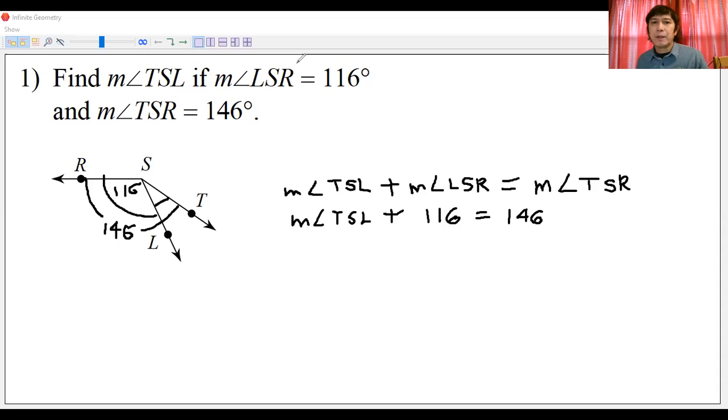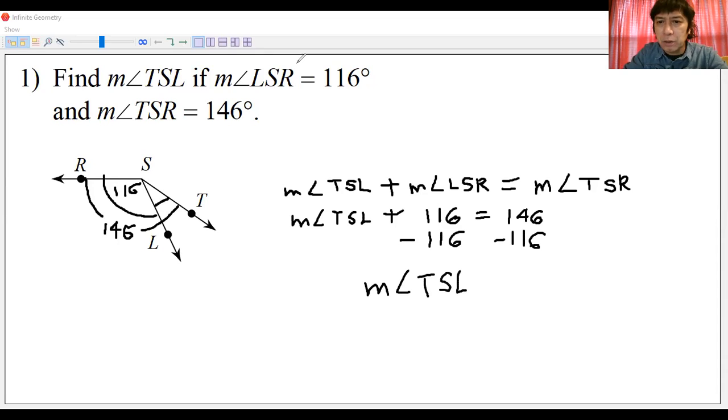There. So solving this equation, this is just by way of subtraction property. So this is minus 116 to both sides, and the measure of angle TSL equals 30.